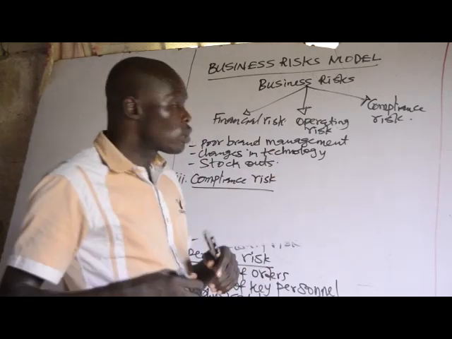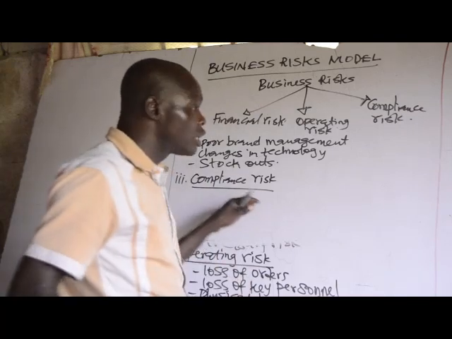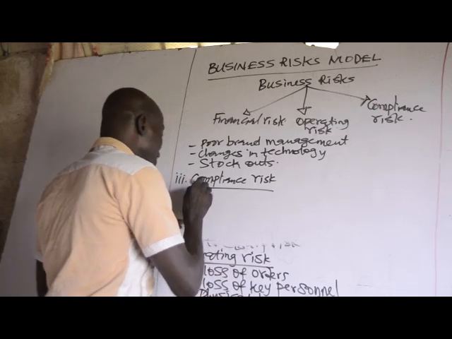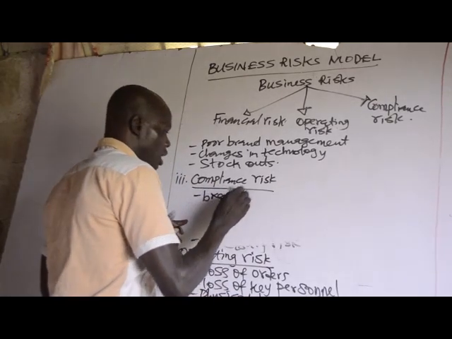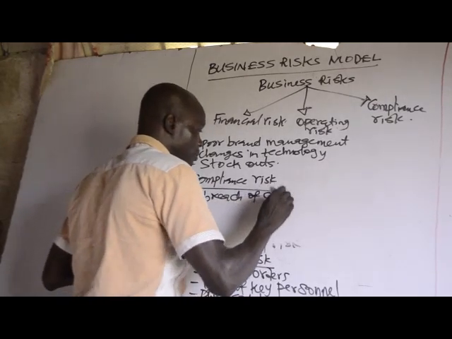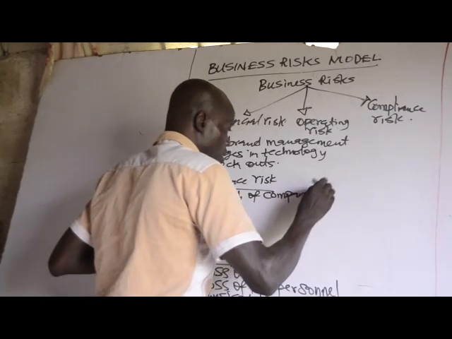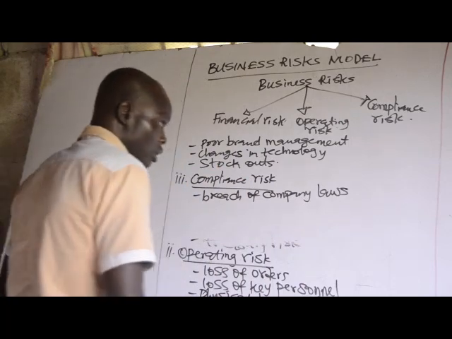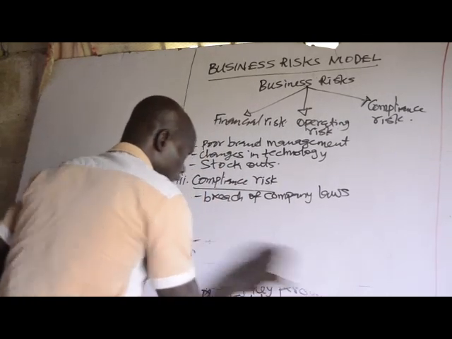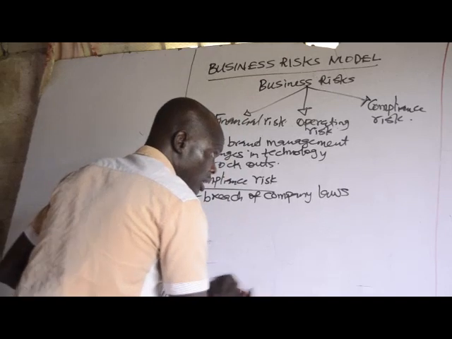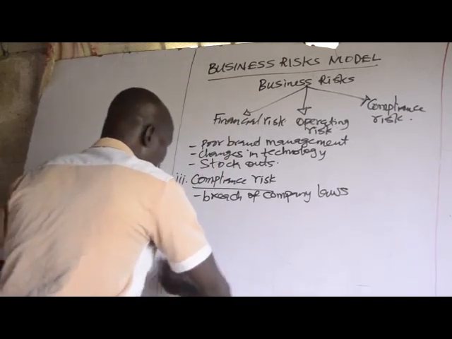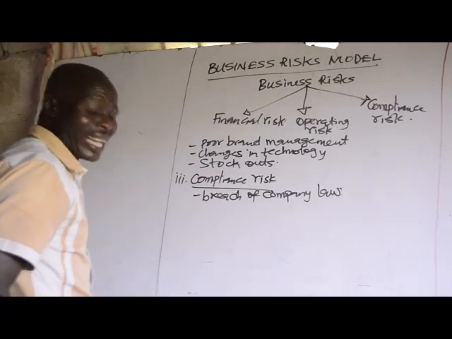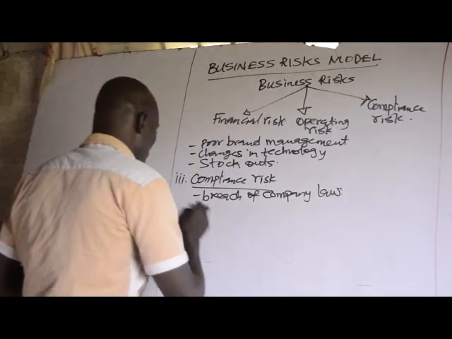Examples of compliance risk: the risk of breach of company laws, which falls under this category. Then we have non-compliance with accounting standards.